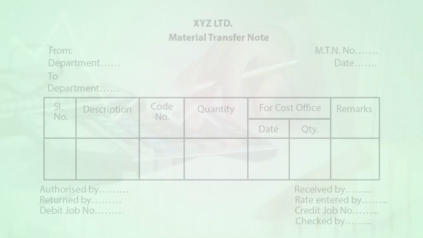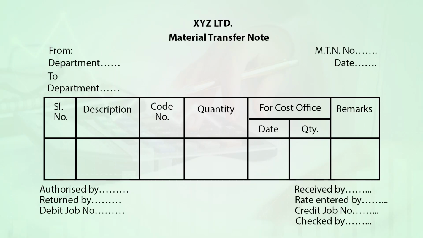Let's have a look at the format of Material Transfer Note. Material Transfer Note of XYZ Limited is given. On left hand side, the department from which the materials are to be transferred is written, and the department to whom the materials are to be transferred.